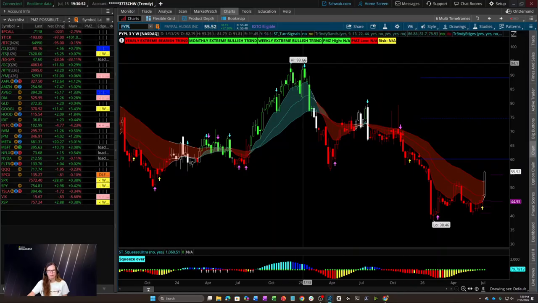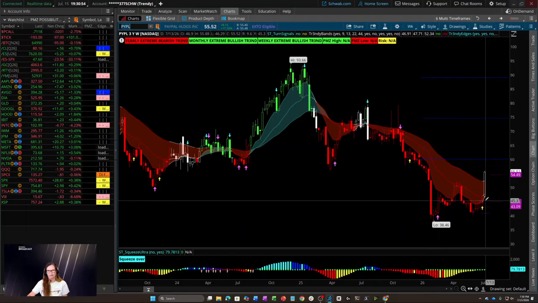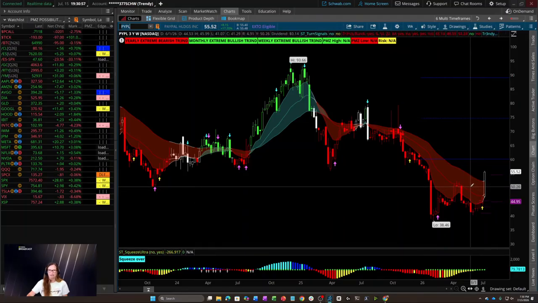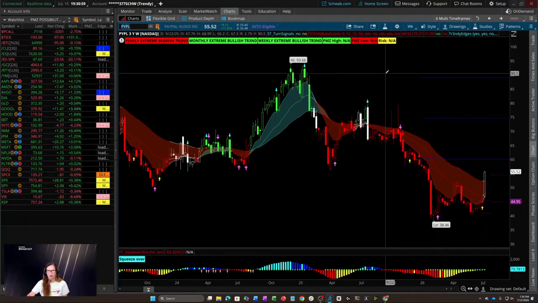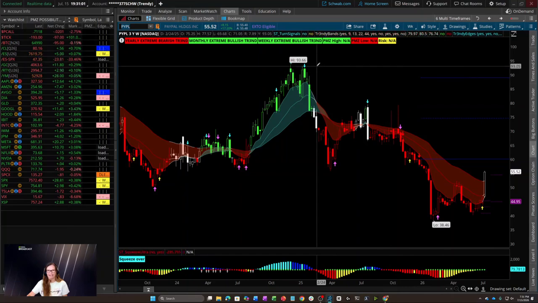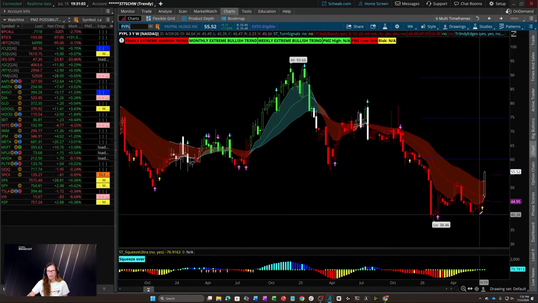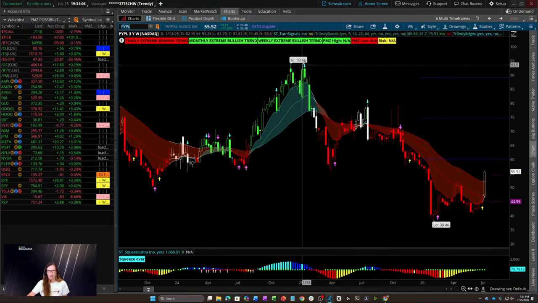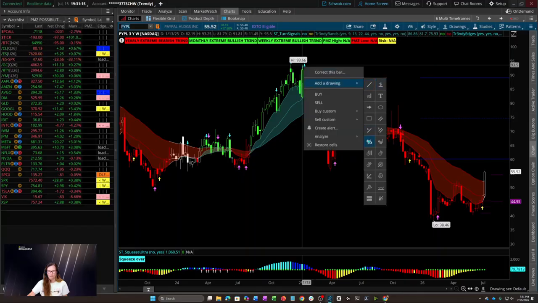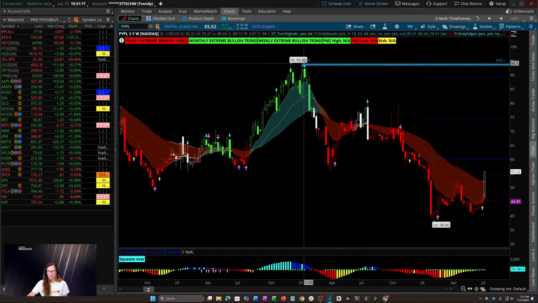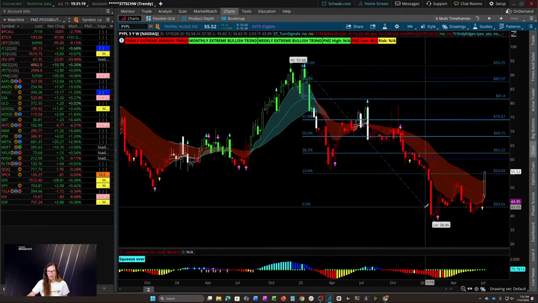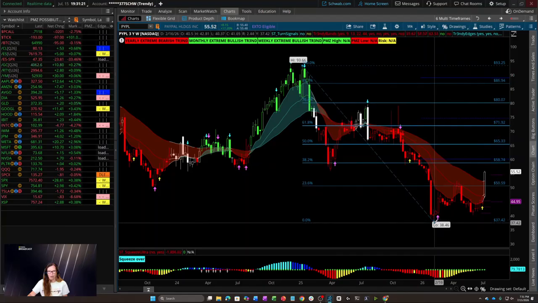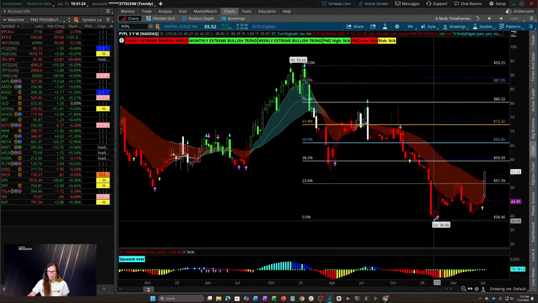But notice that this chart looks very different than the ES futures chart. This chart is showing a downtrending name. So on this chart, to measure a downtrend, I want to start at the recent or the significant swing high to swing low. All right.